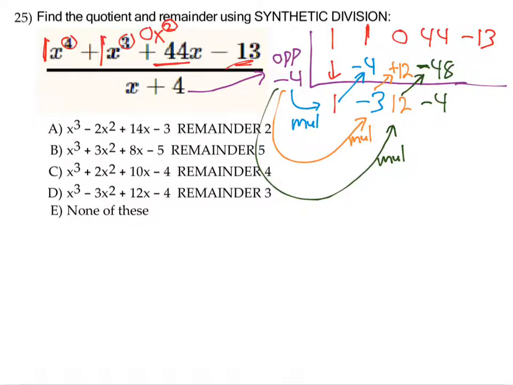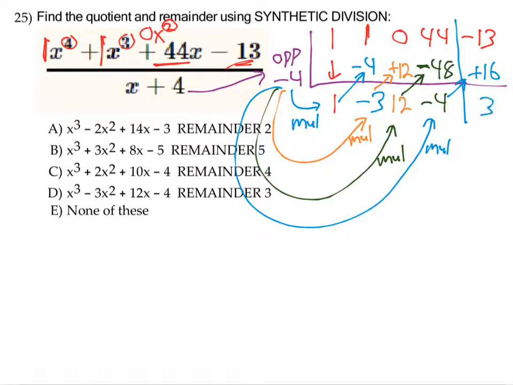Last step here. Take the minus 4 and multiply. Minus 4 times minus 4, plus 16. That's our remainder. 16 minus 13, 3 is our remainder. So our answer is, I'll start at the back, minus 4. And this will have to be 12x.